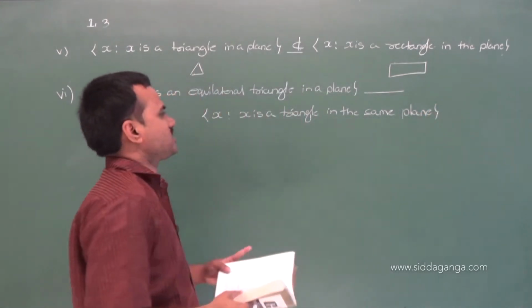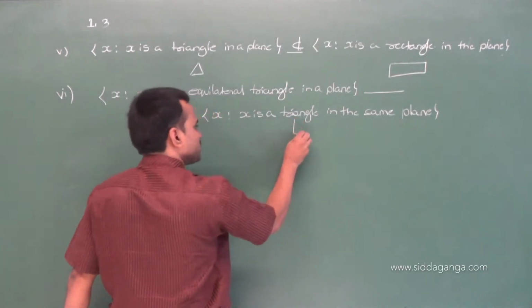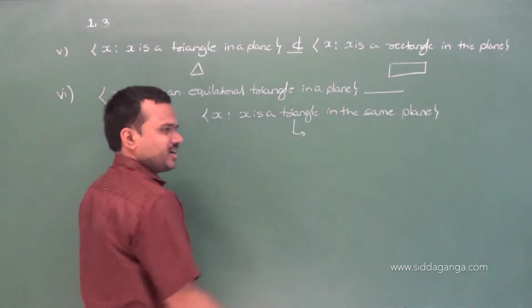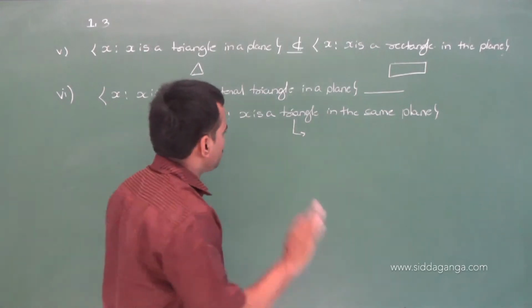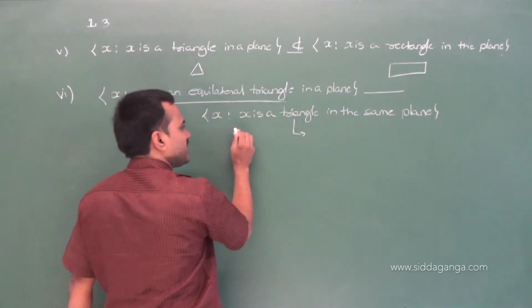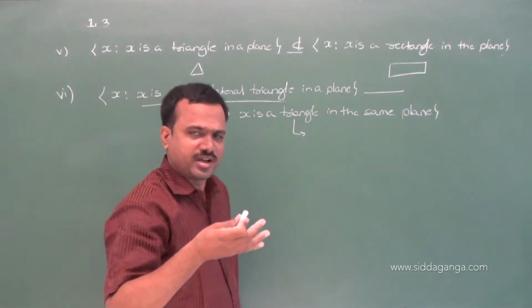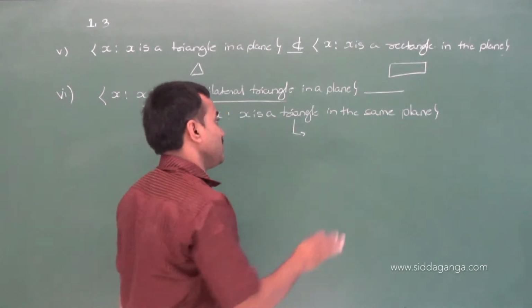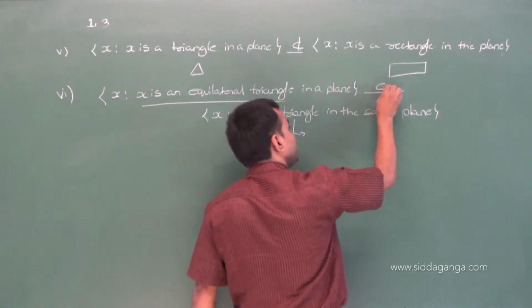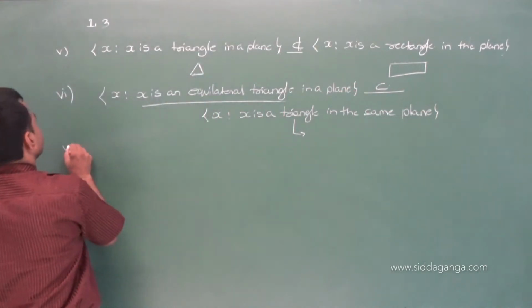Triangle means it contains equilateral, right angle triangle, isosceles triangle and so on. So the first set is particularly equilateral triangles, and the second set may be all triangles: equilateral, isosceles, right angle triangle. No doubt it is a subset. Correct? It is a subset.